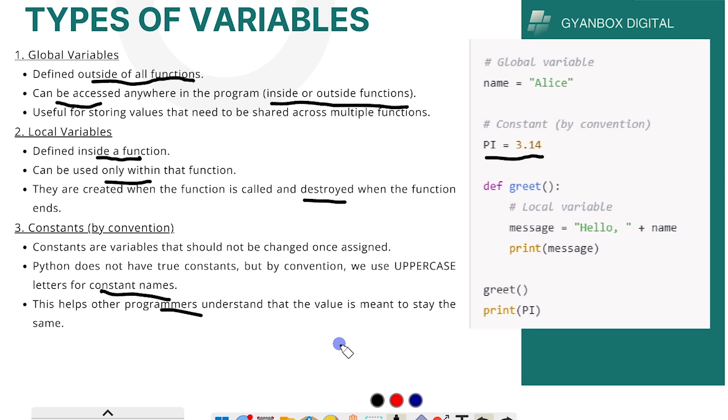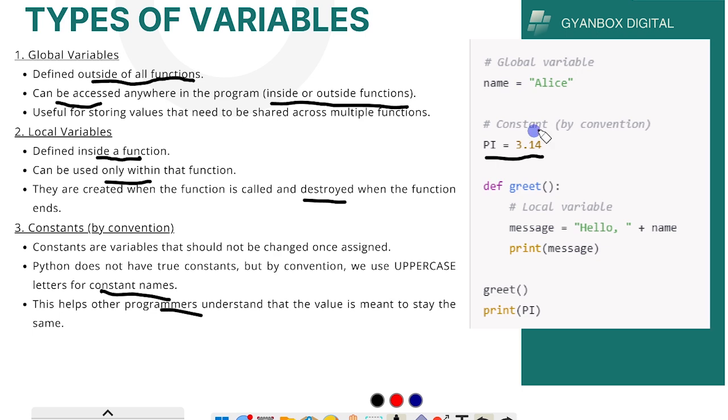So there are three types of variables: global, whose accessibility and scope is the entire program; local variables, which are available only within the function; and constants. To create a constant variable, you need to keep the variable name in capital letters and just assign a value to it, so the value will not be changed in the program.